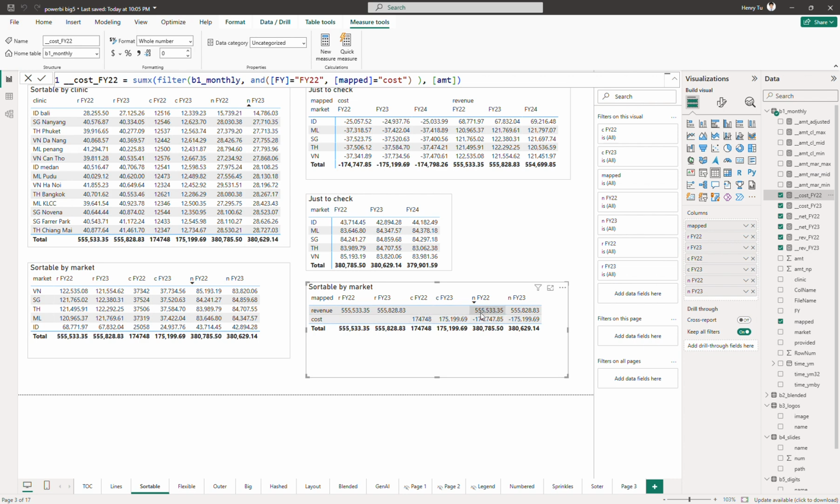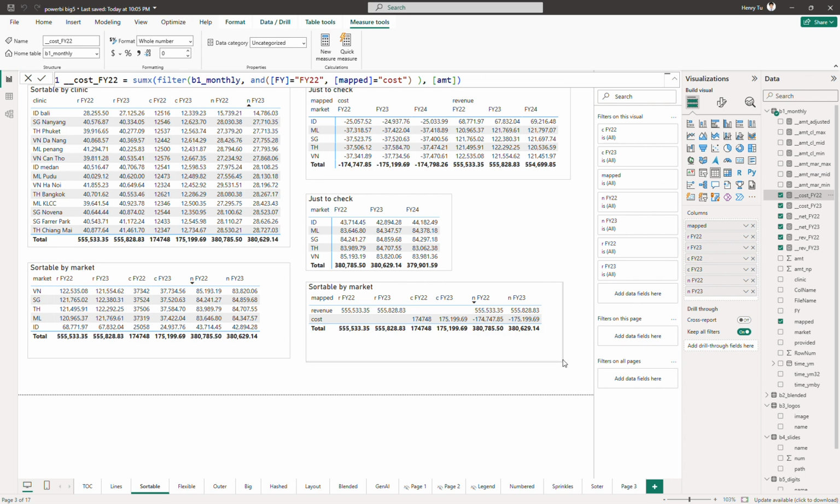Here you can see this number actually matches this part, and the total is correct, because the net just adds the revenue and the cost together. But the breakdown, in this case, is not wrong, it is just useless. It doesn't make sense at all. Only the total makes sense.